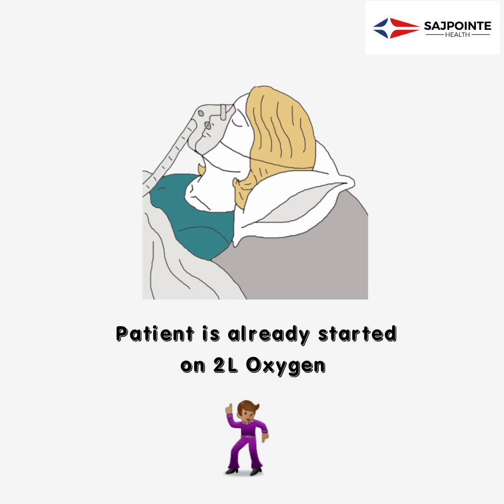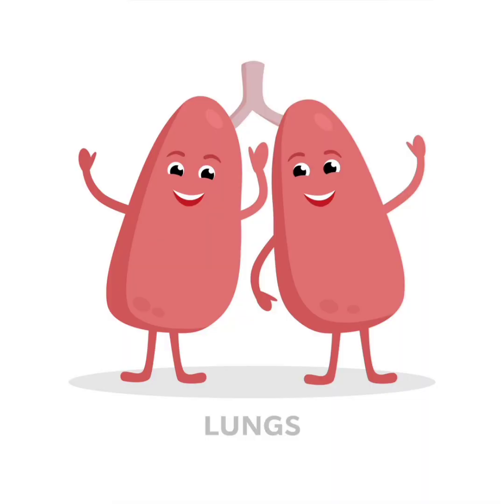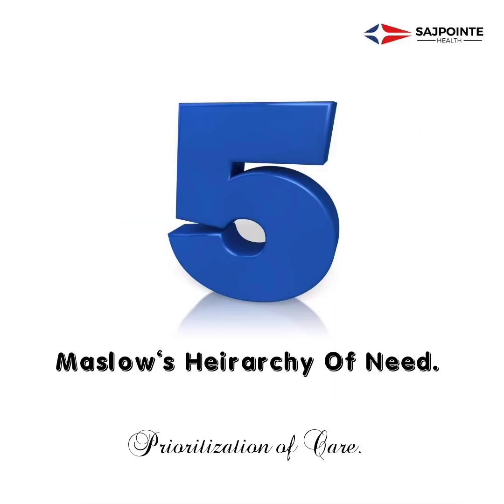The patient is already on 2 liters of oxygen and something is already being done about the shortness of breath this patient has. So at this point, this will not be priority.